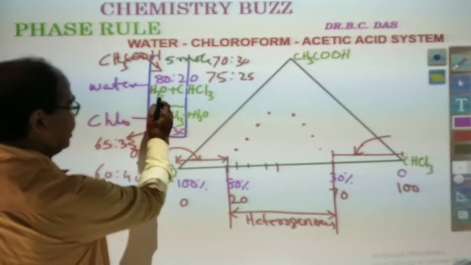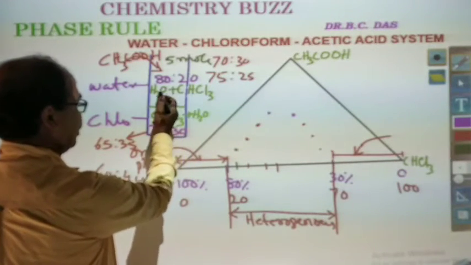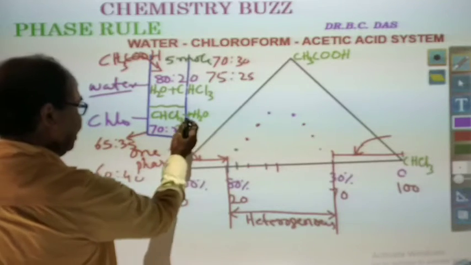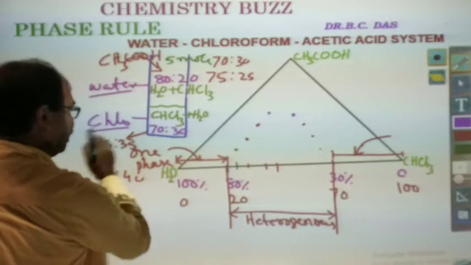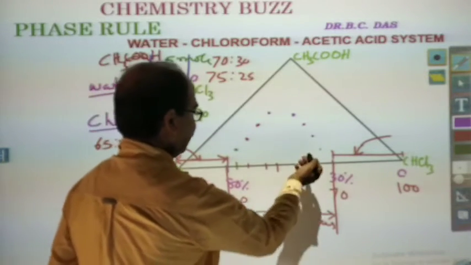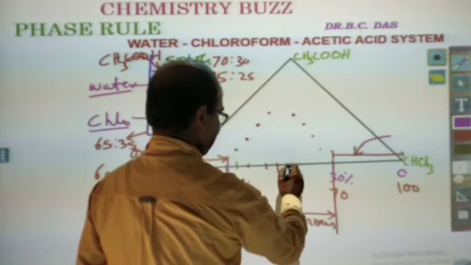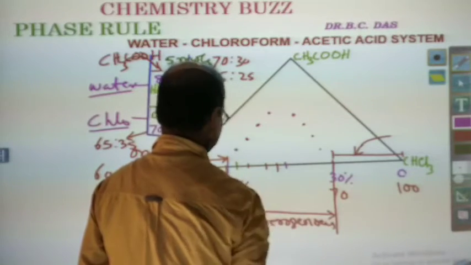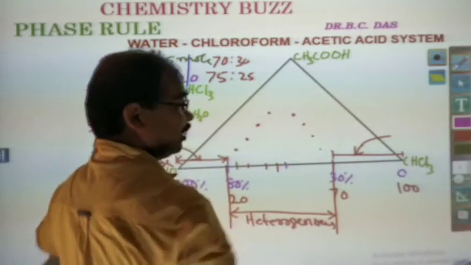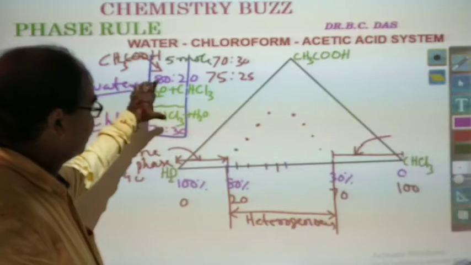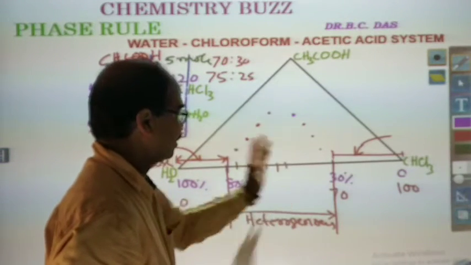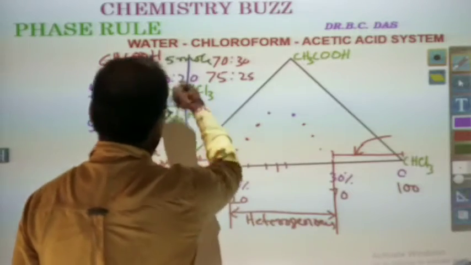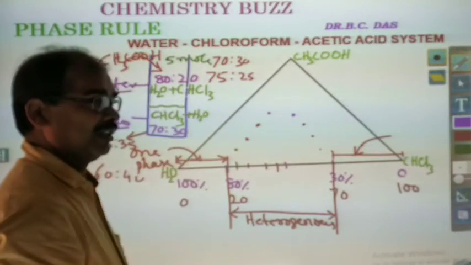So this is the solubility of chloroform in the water layer, and here the solubility of water in the chloroform layer. Okay, so in this way, suppose we take another composition here, say we have to add more chloroform to this container so that the composition will change, and the two layers will separate.